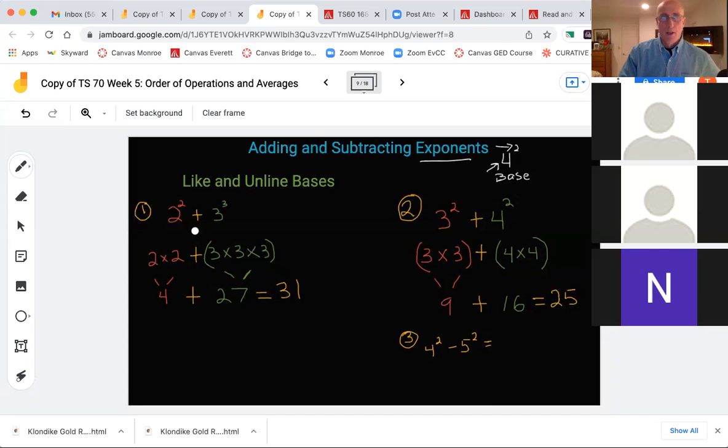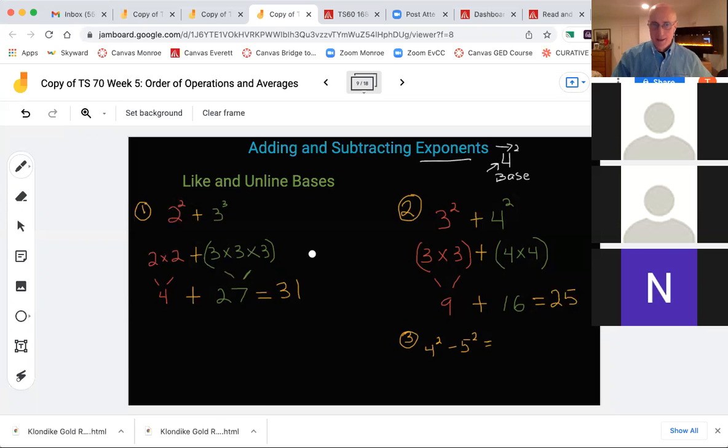What I would do is treat them separately: 2 squared is 2 times 2, which gives me 4, plus 3 cubed, 3 times 3 is 9, times 3 is 27. 27 plus 4 is 31. So when you have unlike bases, just do the math first and then add those numbers together.